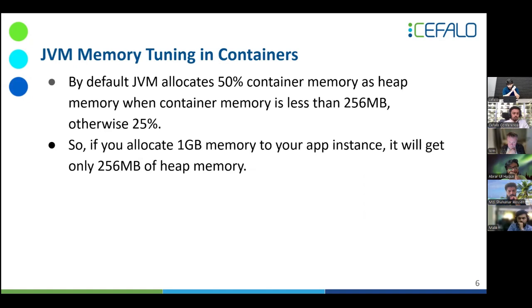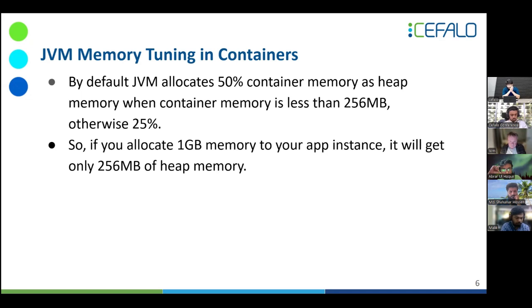By default, when we run our application on the JVM, it might not be really visible to us, but if we use some visualization tool, we will see, in general, and it also depends on different runtimes, that when we configure the container memory to be less than 256 megabytes for Java, 50% of the container memory is allocated as heap memory.